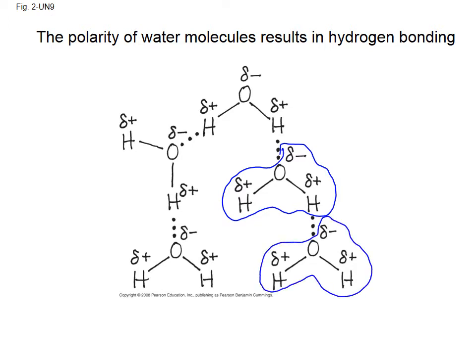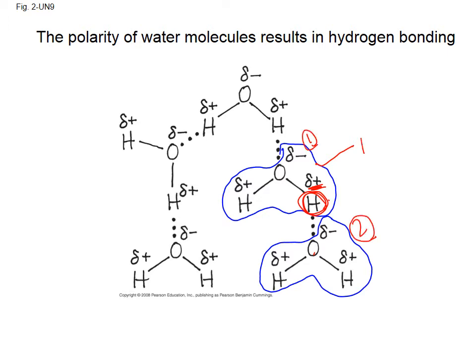Now the hydrogen of this water molecule has a slight positive charge and shows attraction towards the oxygen of the other water molecule. So this is one water molecule, this is the second water molecule.